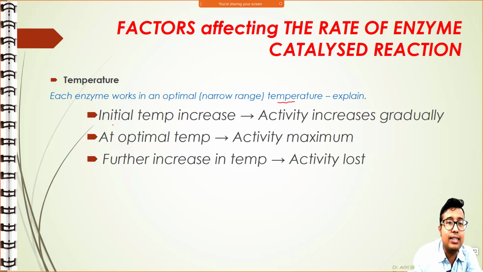So with the initial increase in temperature, enzyme function actually increases. However, then it reaches a limit. That limit is known as the optimal temperature, at which the activity of the enzyme is maximum. Thereafter, if we further increase the temperature, the activity will be lost, right? So the enzyme will fully cease to function.